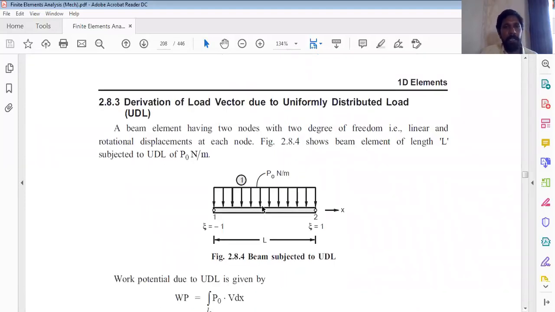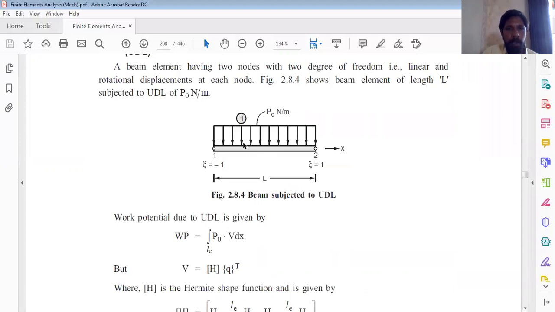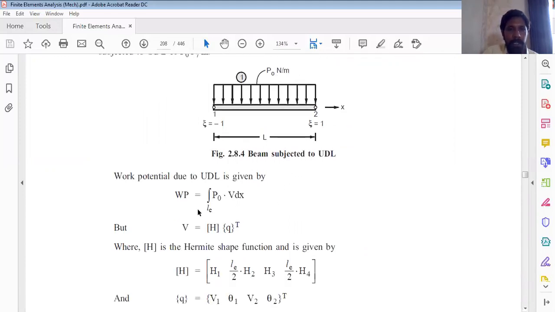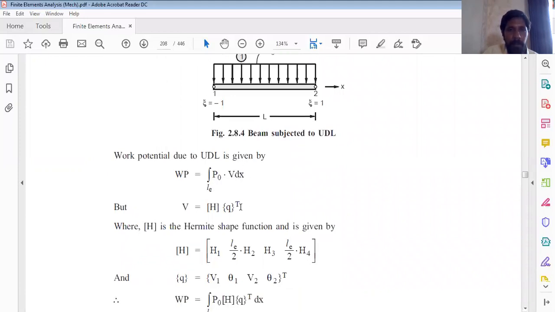Now, next is the derivation of the load vector due to uniformly distributed load. I have considered a beam, and for this, UDL is acting over its entire length with intensity P naught. In general, work potential for a UDL load, that is surface force, is integration over the length of the element of P naught into V dx.